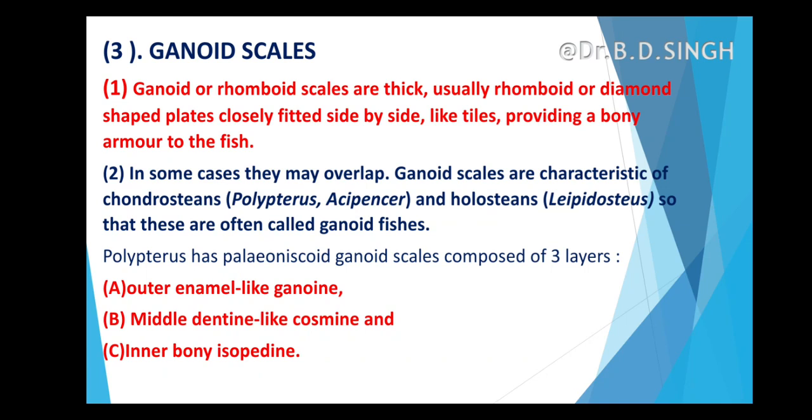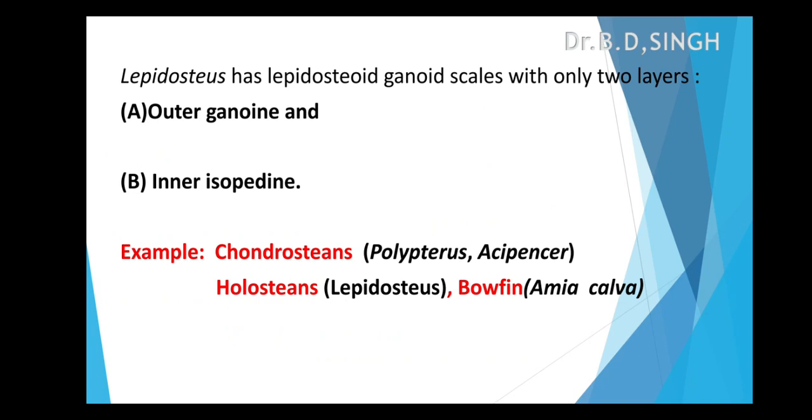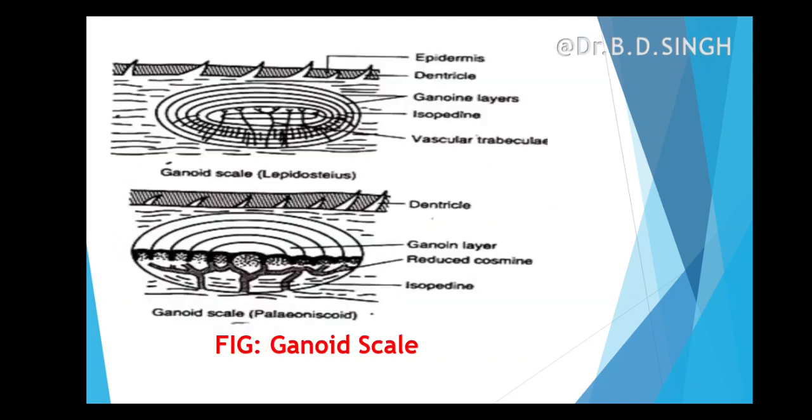Example: Polypterus, Acipenser, holosteans, Lepidosteus, and bowfin, Amia calva. So you can see the structure of ganoid scales.